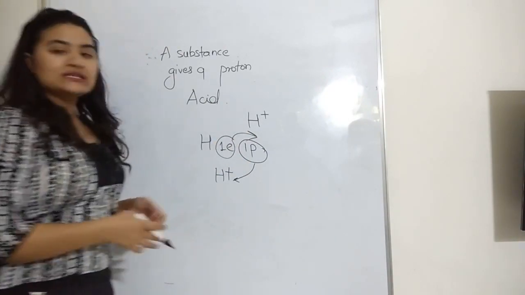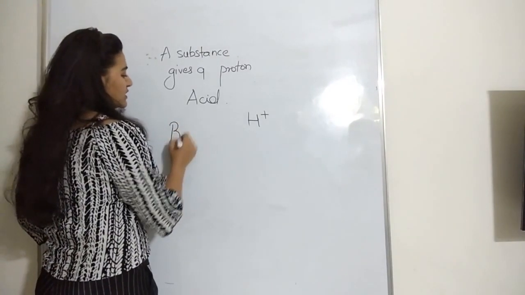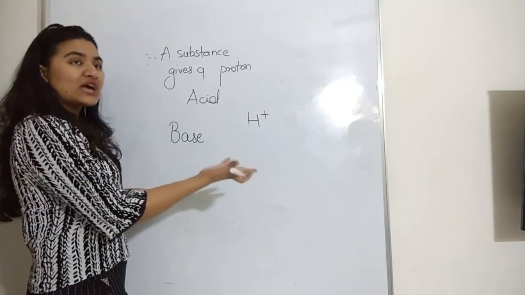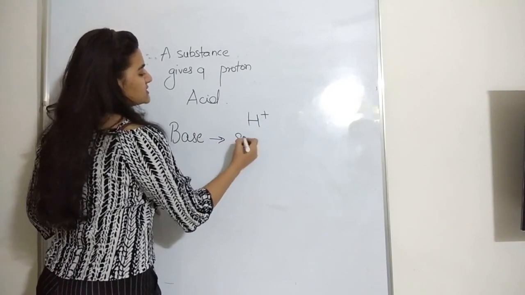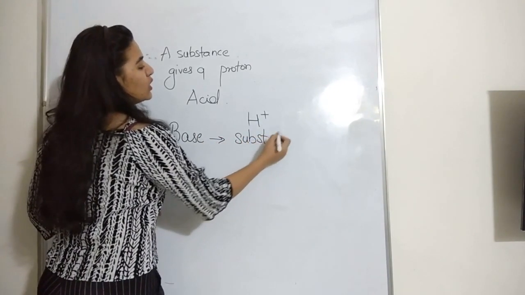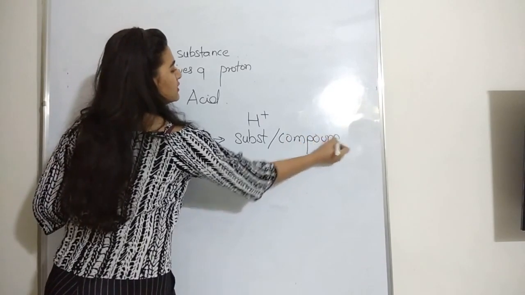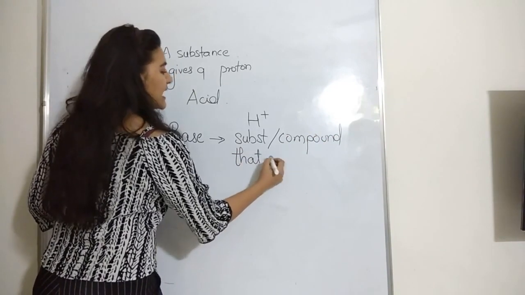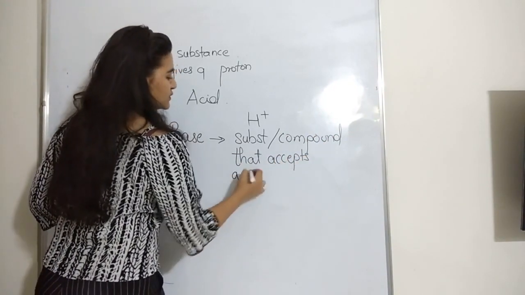So all the acids will release H plus, which is proton. So the bases over here, according to this definition, will be the substances which accept a proton. Base will be a substance or compound that accepts a proton.